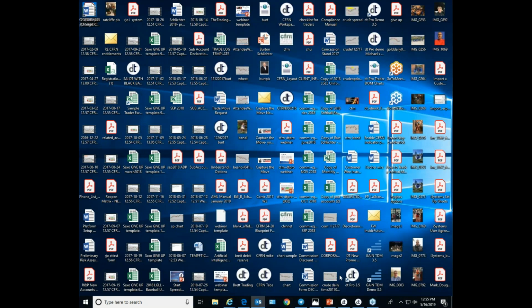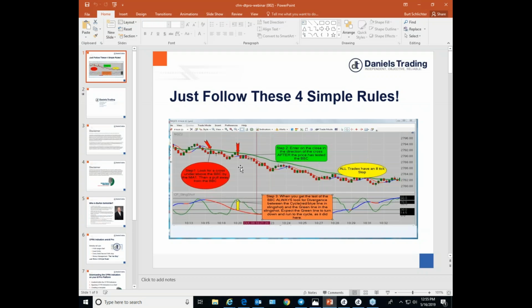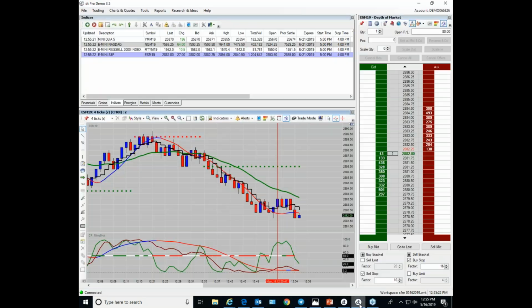Not only are we going to go over the setup, but after I go over this piece, we'll go inside a live market and look for the same setup, and I'll show you how to execute on the DOM. We'll get into trades. We'll trail the stop. I'll show you how to manage them, and I'll show you when to exit.